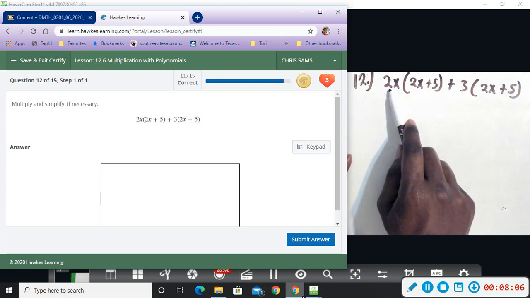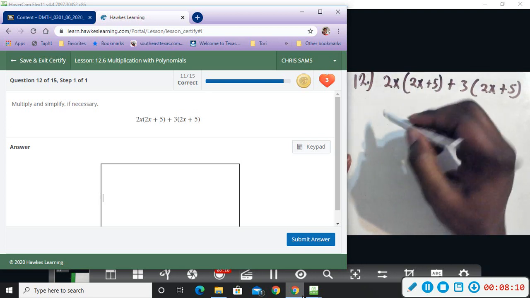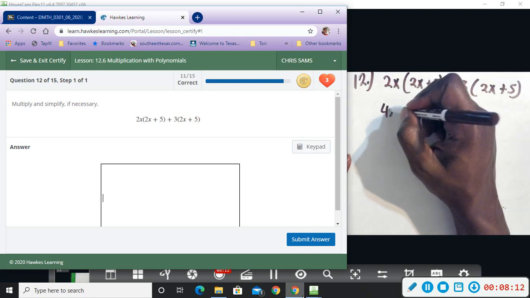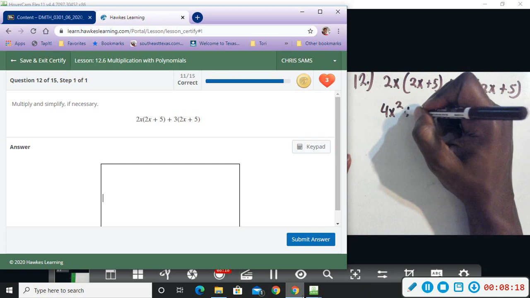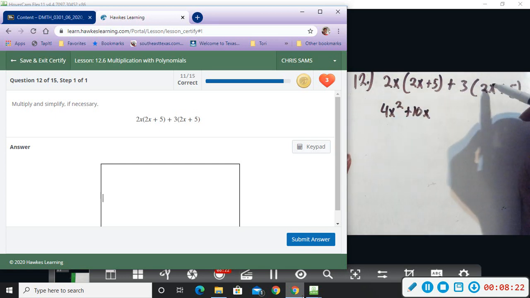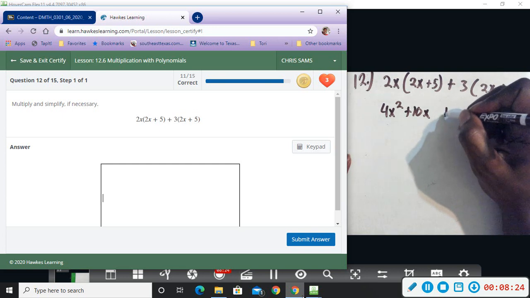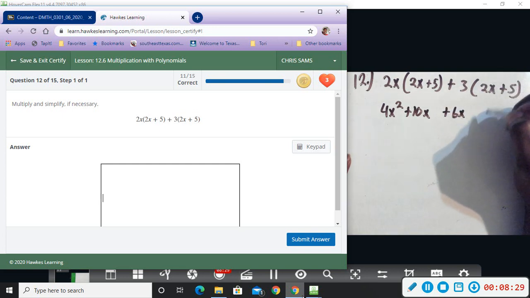We're just going to distribute 2x through. This will give us 4x squared plus 10x. This will give us plus 6x plus 15.